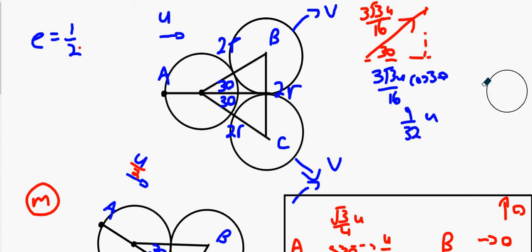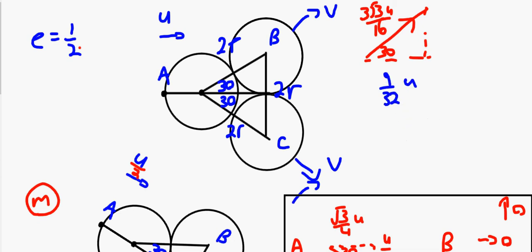And then if I do it by sine 30 instead, so it's going to be 3 root 3 u over 16 sine 30, and what we get there is 3 root 3 u over 32. Now we have its velocity.